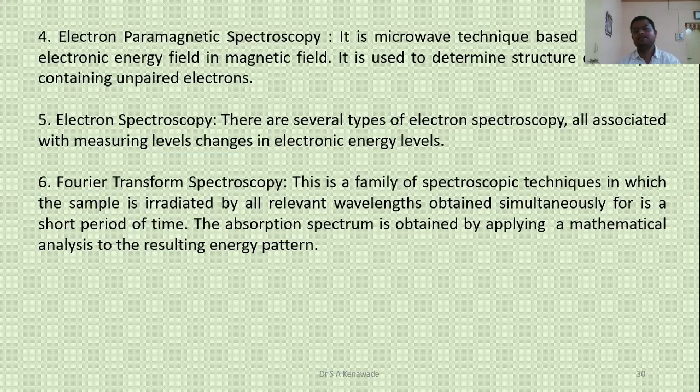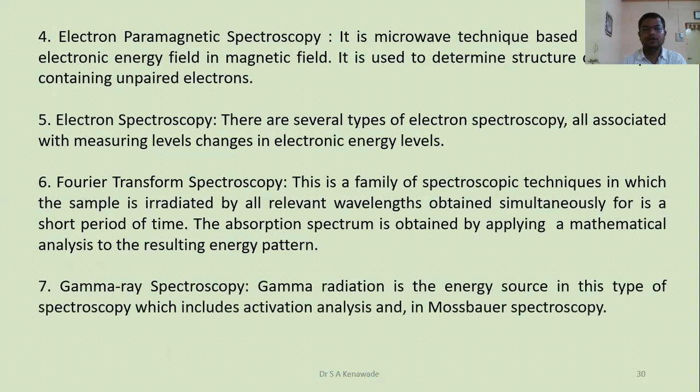In this case, the whole relevant range of wavelengths is irradiated simultaneously, often for a short period of time. Then this information is collected and analyzed by use of mathematical relations, and we get the relevant information from the molecule.